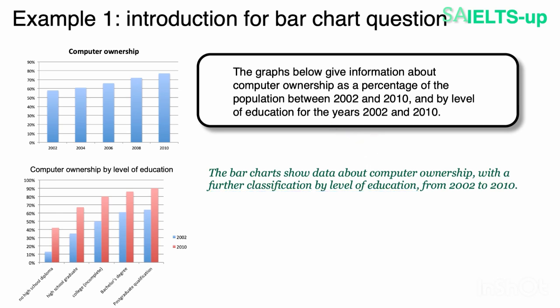Finally, when indicating a time period, instead of the original expressions, between 2002 and 2010, and for the years 2002 and 2010, I simply wrote from 2002 to 2010.